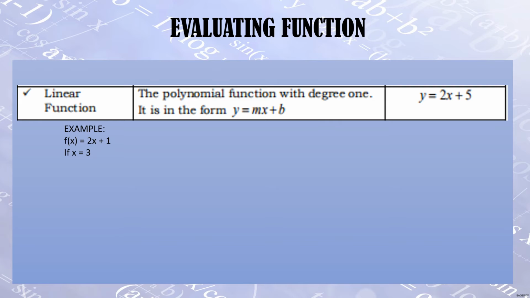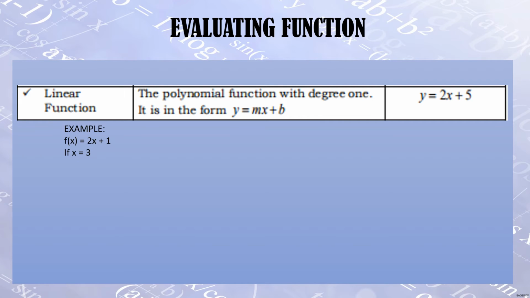We have f of x equals 2x plus 1. Yan ay isang uri ng linear function because your variable x has a degree of 1, or your function as a whole, yung equation mo as a whole, ang highest degree na maoobserbahan mo ay 1 kasi ang meron ka ng variable na part is the 2x.